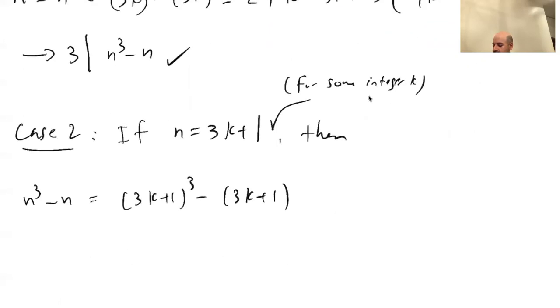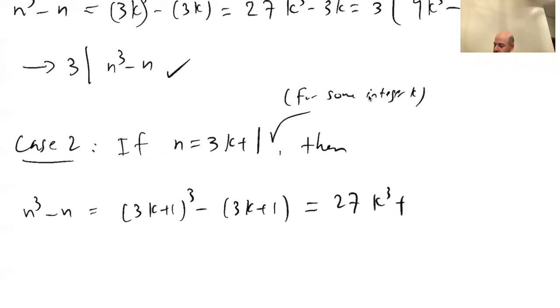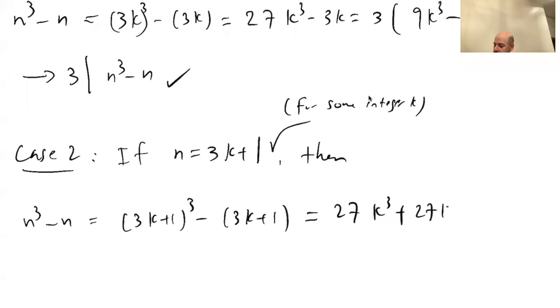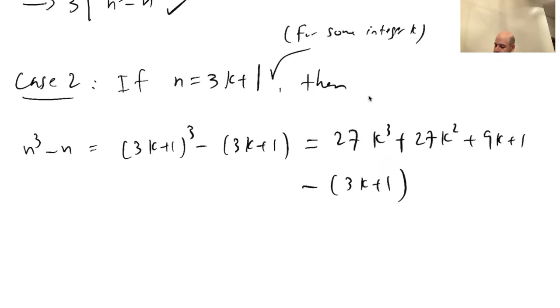So if you expand this, 27k cubed plus 27k squared plus 9k plus 1 minus (3k plus 1).